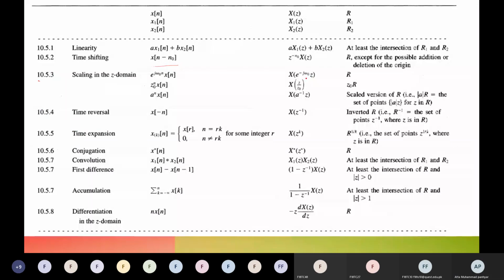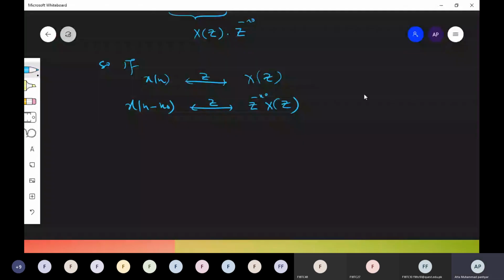So one thing is ROC. If the ROC of this signal was R, then ROC of the shifted signal must also be R, but we have to be careful about the origin, right? If n naught is greater than 0, then there is no change in origin.